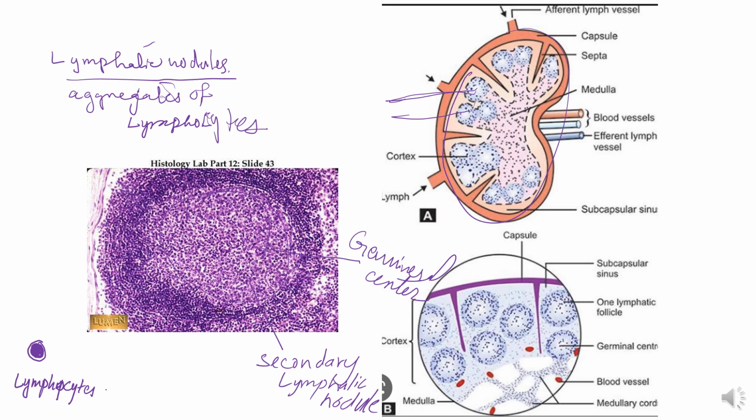Now, how do you draw a lymphoblast? In the germinal center, the cells are lymphoblasts, while in the periphery, the cells are lymphocytes. So, a lymphoblast has a larger cell size and a smaller nucleus with an excessive amount of cytoplasm.